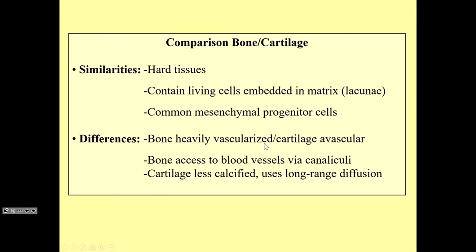You remember that cartilage has no blood vessels inside of it. Because bone is vascularized, the cells within the bone have contact with nutrients and can expel metabolic waste products to the vasculature via connections between some of the cells embedded in the bone. We'll go over that as well.